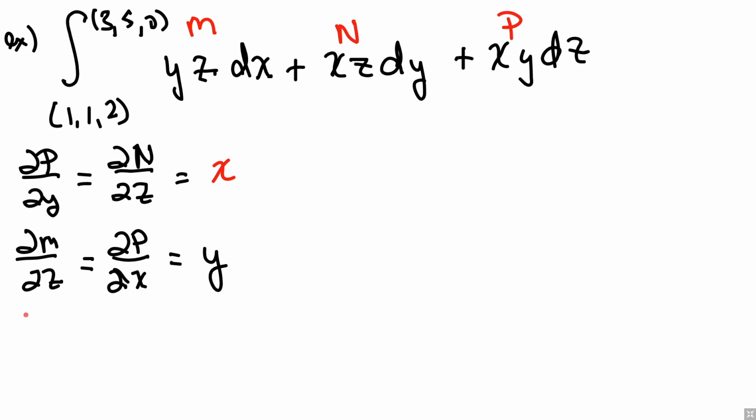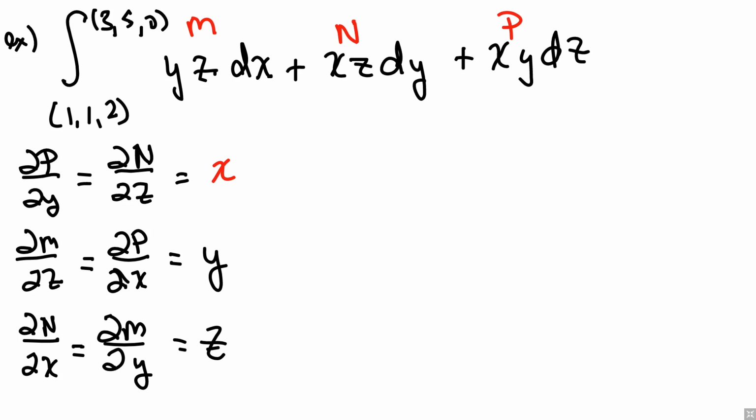The last thing we're going to do is check the partial of n with respect to x and show that that's equal to the partial of m with respect to y. If I take the partial of n with respect to x, I get z. And the partial of m with respect to y is z also. So I know that this is an exact equation.